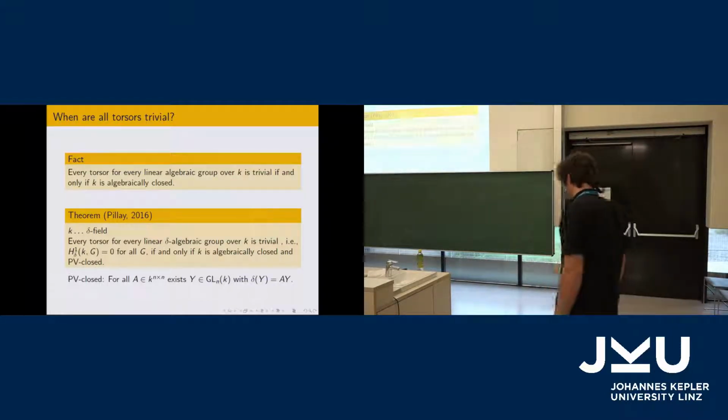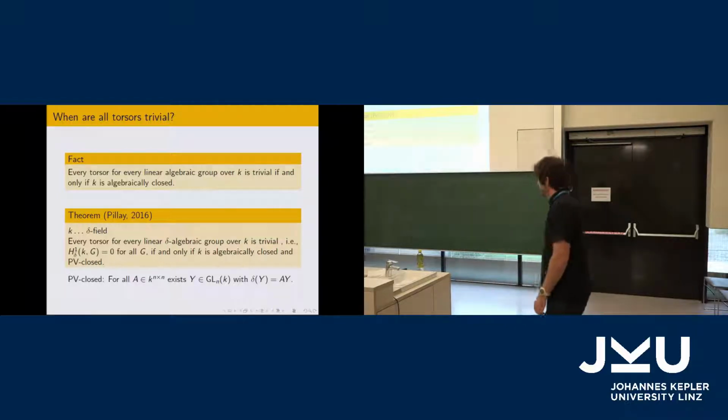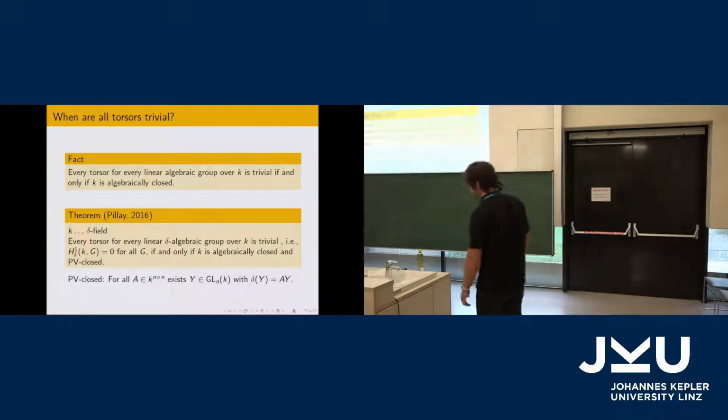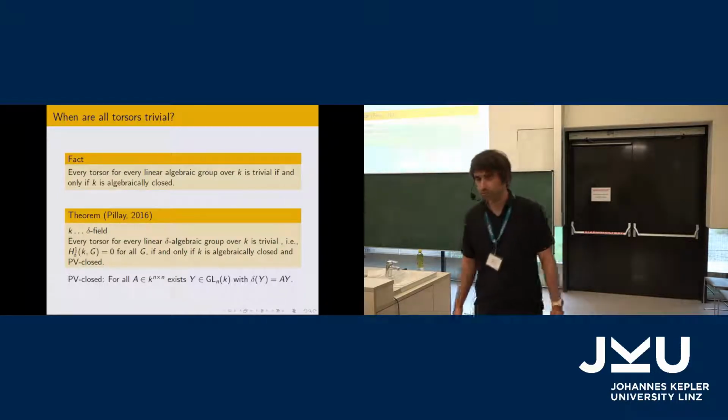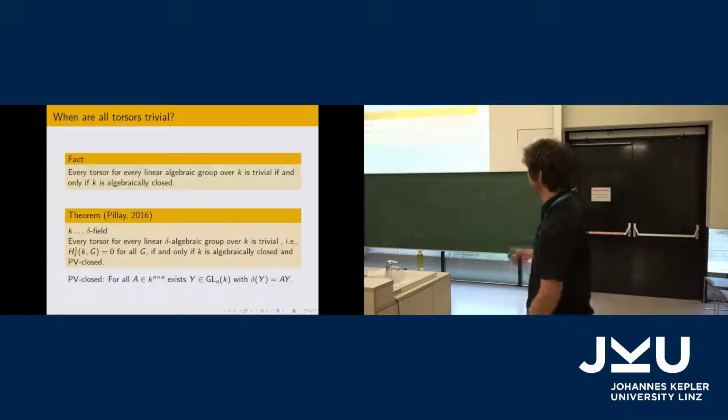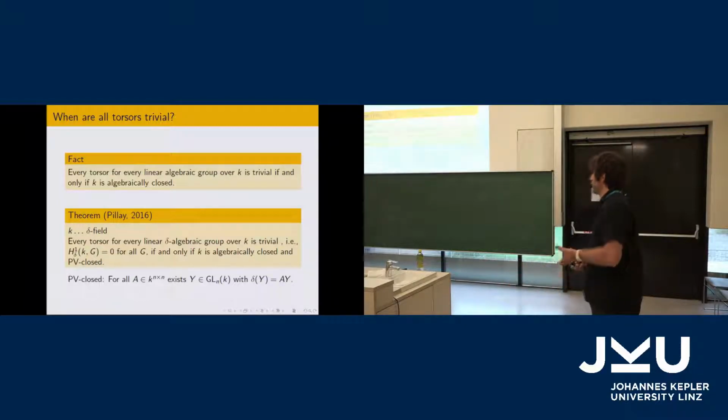And again, like in the algebraic case, you can classify the torsors by a certain H1. This H1 with the delta was introduced by Kolchin, who called it constrained cohomology. Again, we have the property that H1 is trivial if and only if all torsors are trivial.